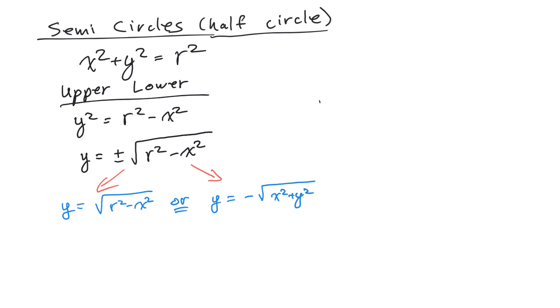Now, what happens is this gives us two different halves of the graph. Because it's y, it gives us either the top half of the circle centered at 0, 0, or this one here gives us the bottom half of the circle.